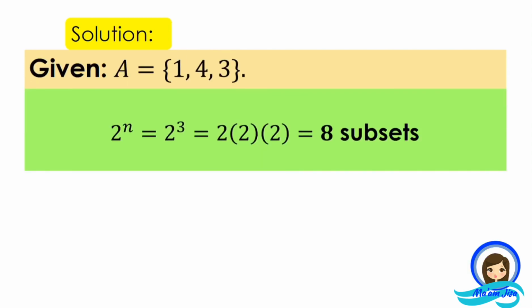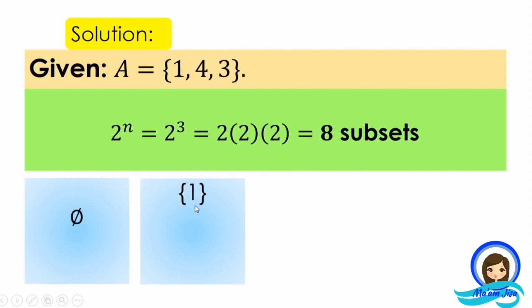Now let's identify the subsets themselves and try to list all of them. First, we start with this symbol, empty set or null set. Just remember that an empty set is a subset of any set. Now let's proceed with the subsets containing one element.